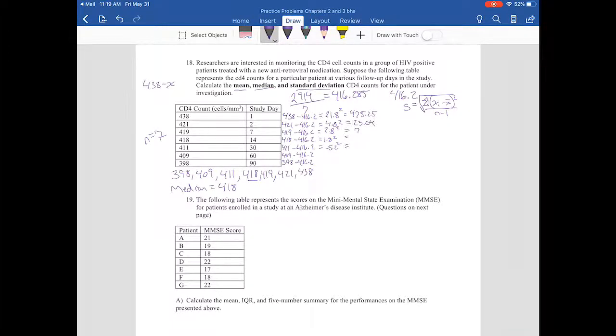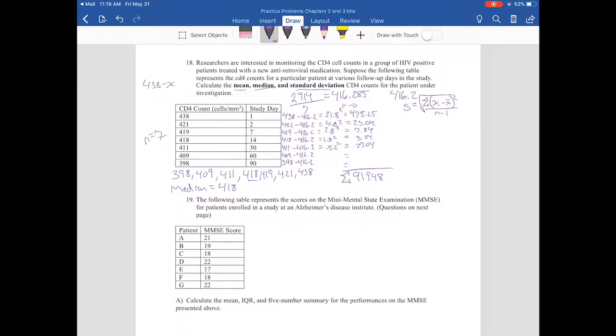This is 7.84, 0.24, 27.04. And then if you were to keep going down and add all these up, you should get your sum of squares. You just square these values, and then when you sum them, sigma, that's the sum of squares. Your sum of squares value should be somewhere around 919.48.